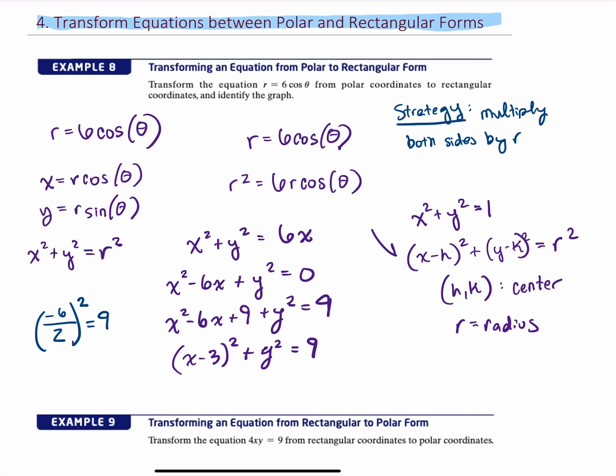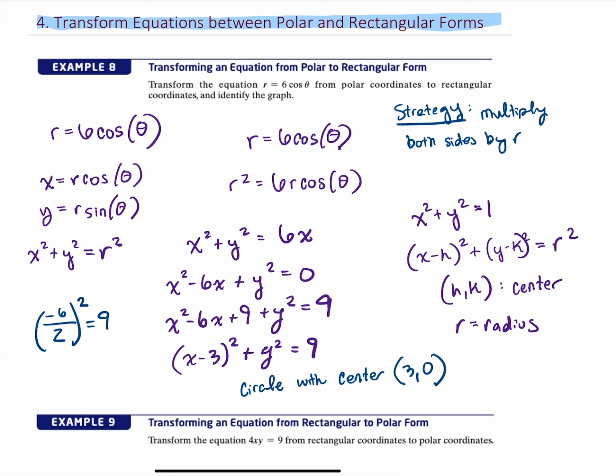So now it's in the general form of the equation of a circle. You can say this will be a circle with a center point at +3, 0. So it always flips in sign. If it's a -3 here, it will show up as a positive here. So that's part of the equation of a circle.